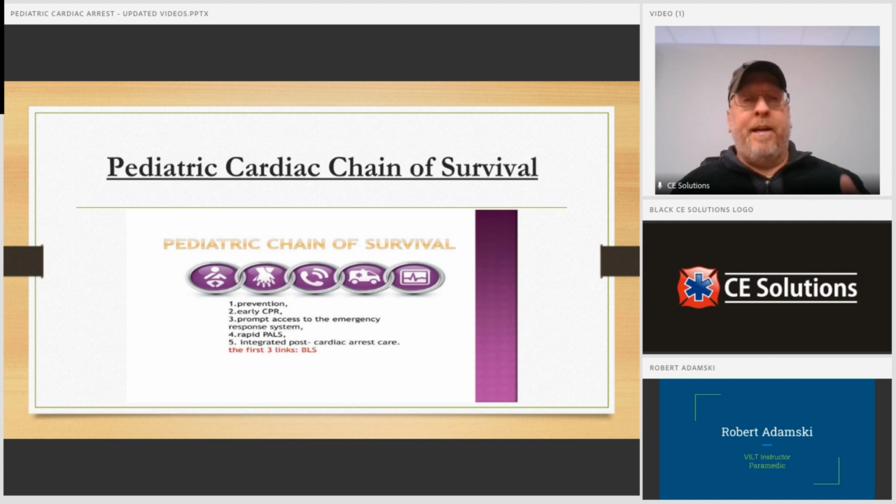Or if we have pediatric patients that suffer from the medical condition known as asthma, if we can get those patients good primary medical care and prevent exacerbations or emergency incidents involving their asthma, they're going to do much better.